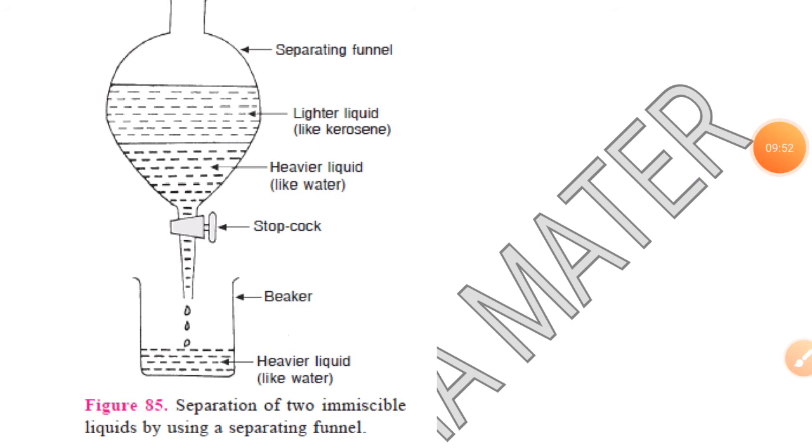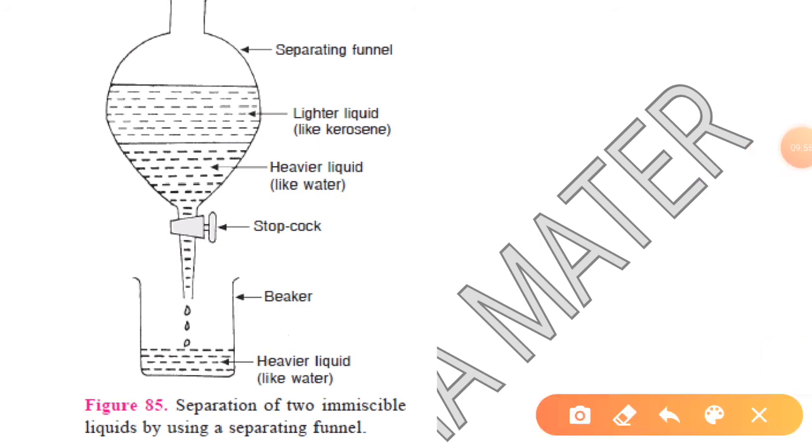Now I'm showing you a diagram of a separating funnel. Here you can see a separating funnel, and we have mixed kerosene with water. We will allow this to stand for some time so that layers can be formed. Now you can see the heavier liquid, water, is at the bottom, and the lighter liquid, kerosene, which has less density, is at the top.